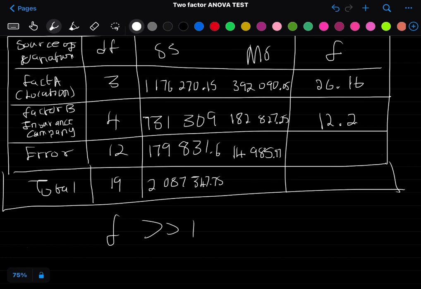So in this case, we can see that our test statistic for factor A is much greater than 1. And even for factor B, it's much greater than 1 as well.